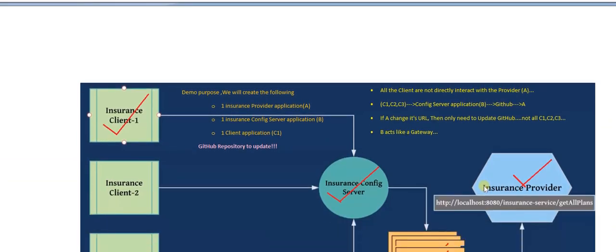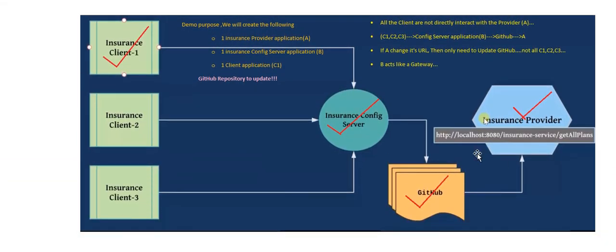Before creating the service-related stuff, let me show the solution here. Earlier, clients were interacting with the insurance provider directly. Instead, each client will communicate with the insurance config server application, which uses the GitHub URL, and finally communicates with the insurance provider.